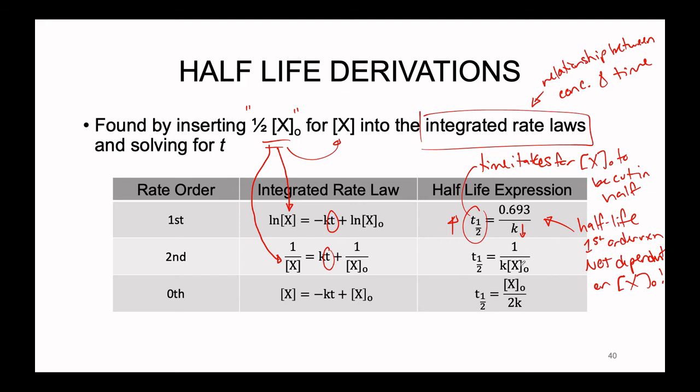So if you had a greater concentration of X, you would expect your half-life to go down. In other words, the more reactant you have, the faster proportionally it's going to be eaten away.